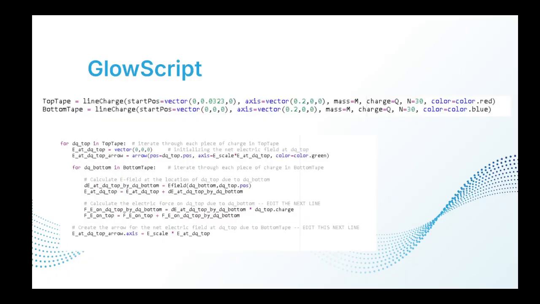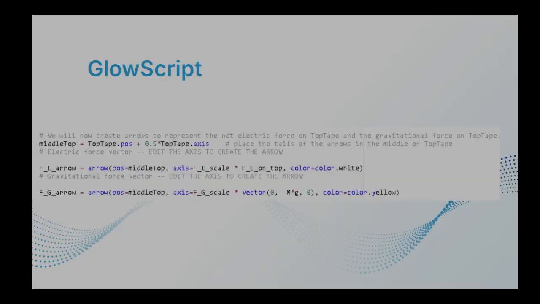So basically how we're using this is that, if you can see, n equals 30 for the charges. We basically said there's 30 point charges on this tape, and how would their electric fields look? So on the bottom left, we're iterating through each piece of charge and calculating that.